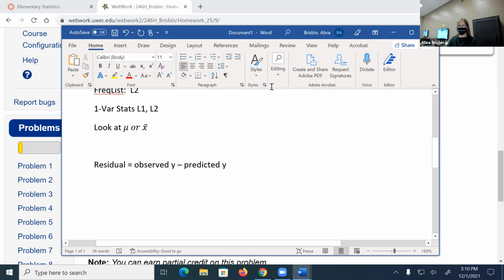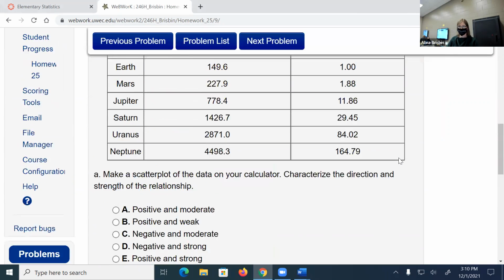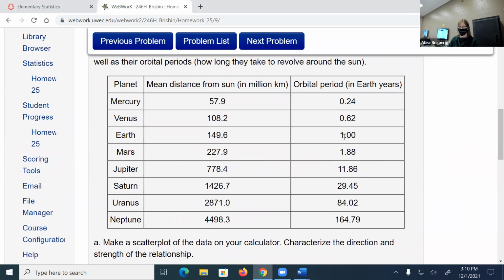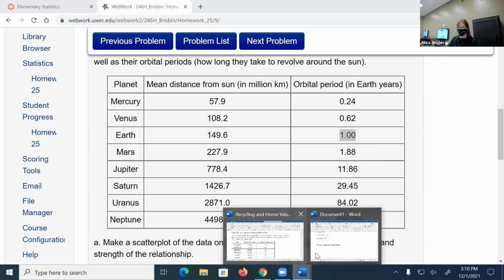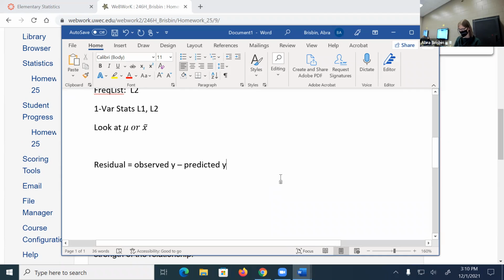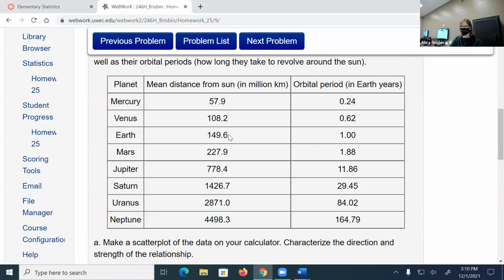So here the observed y is the actual orbital period of Earth, which is 1. So we have 1 minus the predicted y. And then we need to find the predicted value of y. So we can do that by taking Earth's x value.